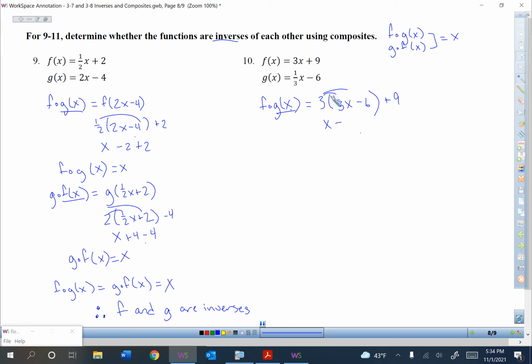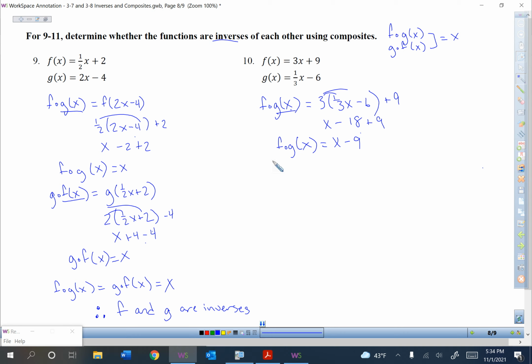So this says x minus 18, then plus 9. So this simplifies to x minus 9. That's not good so far, meaning we can stop. As soon as one of them is not equal to x, these things cannot be inverses of each other.